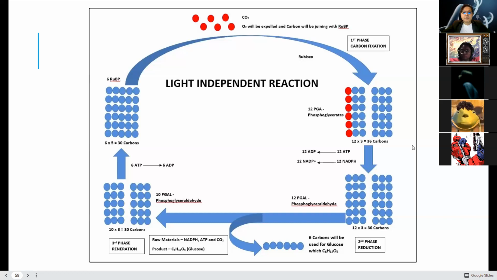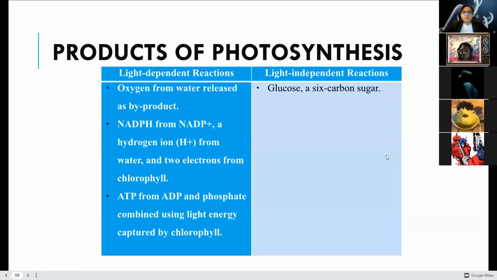All right. Let's move now to the products of photosynthesis. In the light-dependent reactions, oxygen from water is released as a byproduct. NADPH is formed from NADP+. We added hydrogen ions there. Where do the hydrogen ions come from?